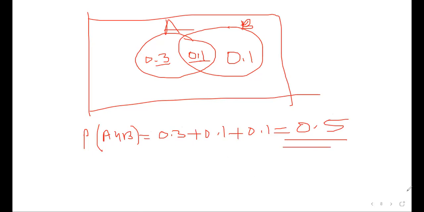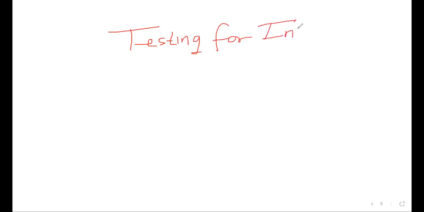Now, are events A and B independent? If you're testing for independent events, because these conditional probabilities go together, you carry out the test for independent events.